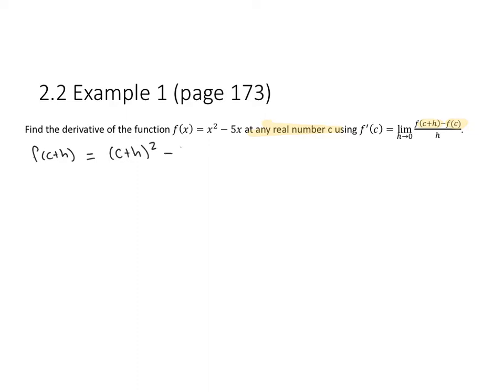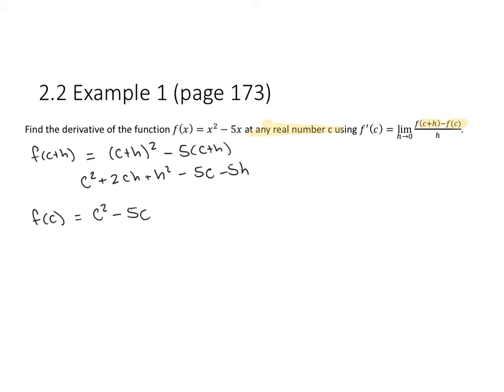So c plus h squared minus 5 times c plus h. I'll multiply that out, and I get c squared plus 2ch plus h squared minus 5c minus 5h. I'll do the same thing for f of c, just to substitute it in, so I have each piece before I go and try to solve the whole equation. That's going to be c squared minus 5c.